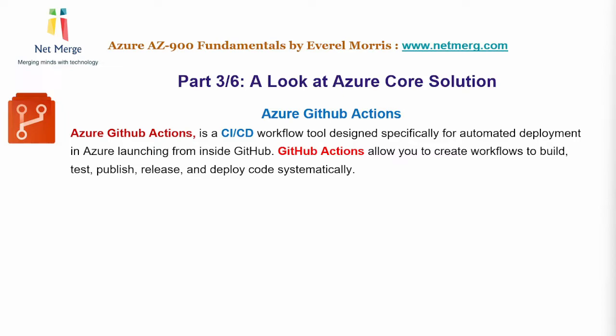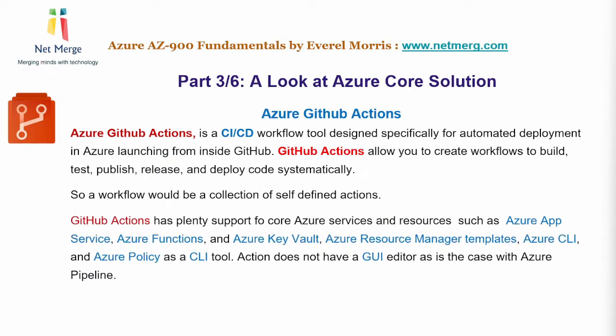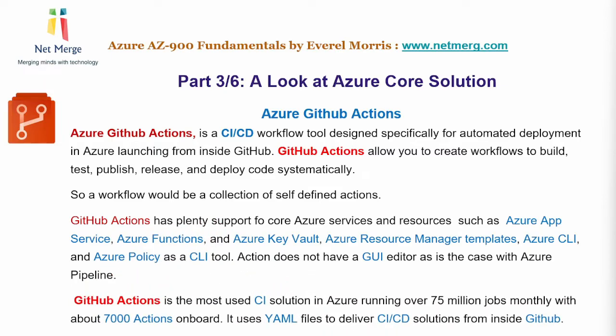So you can build, test, publish, release, and deploy code systematically with the GitHub Actions. Again, those are some of the tools that it supports as well. It integrates really well with those. Again, I want you to pay attention to those.